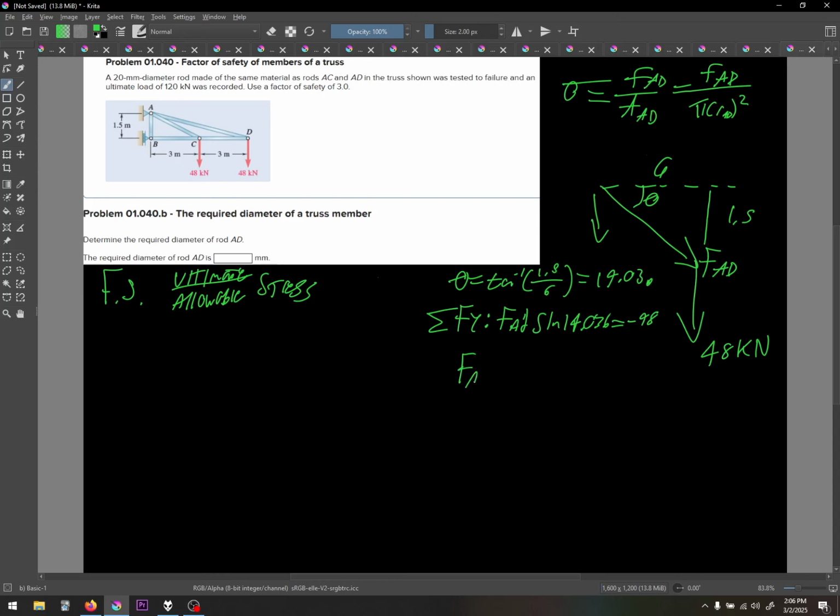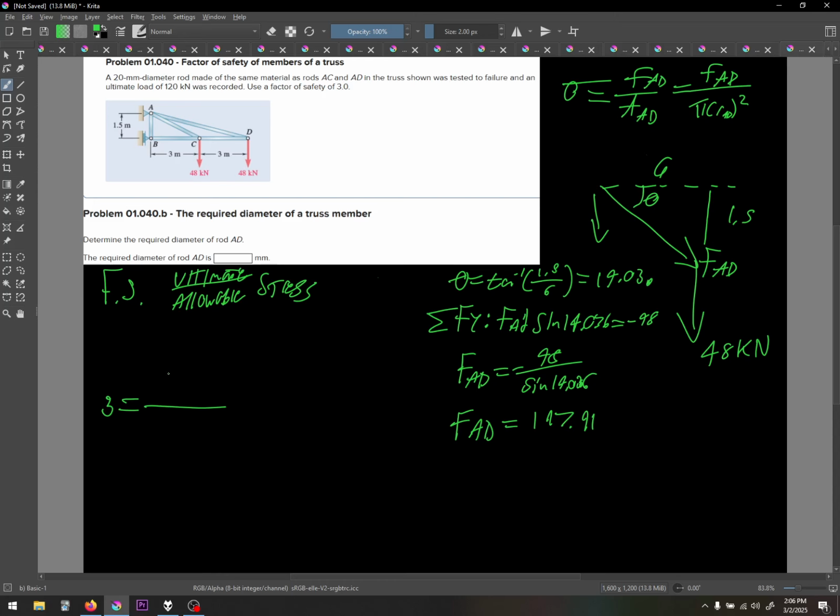So we know that FAD is going to be equal to 48 over sine of 14.036. We know that FAD is equal to 197.91. Okay, wonderful.